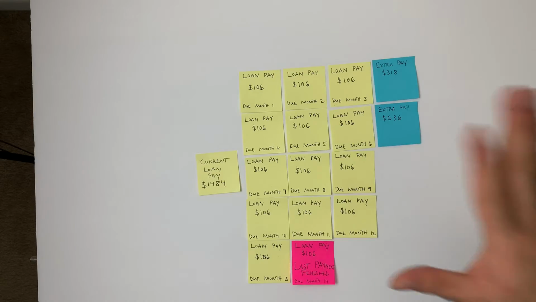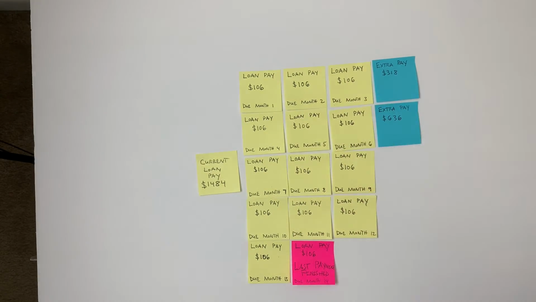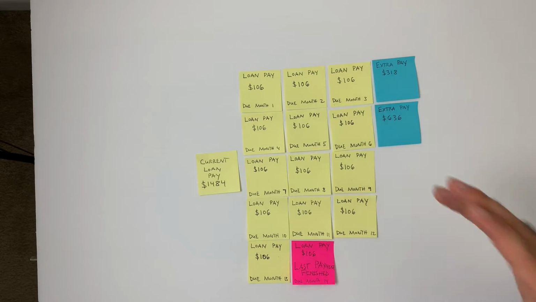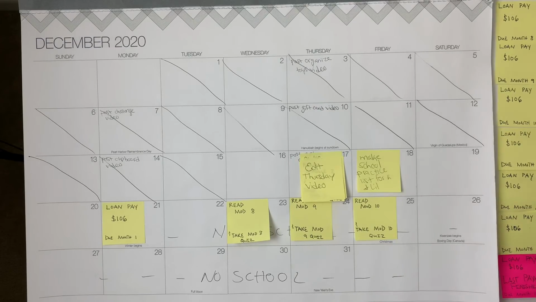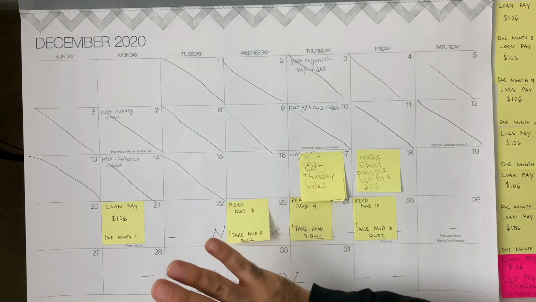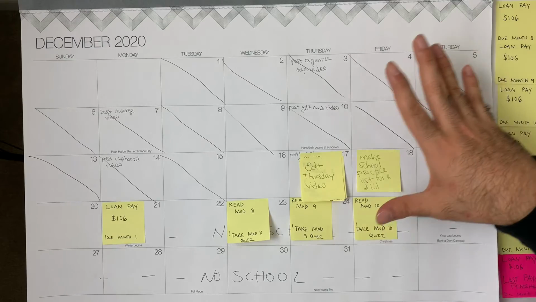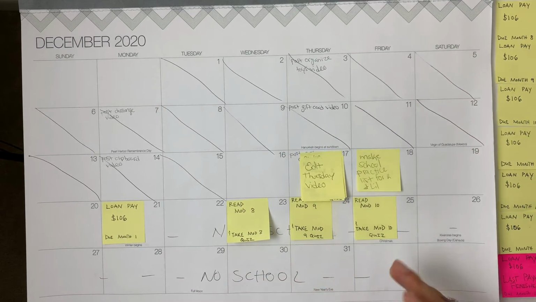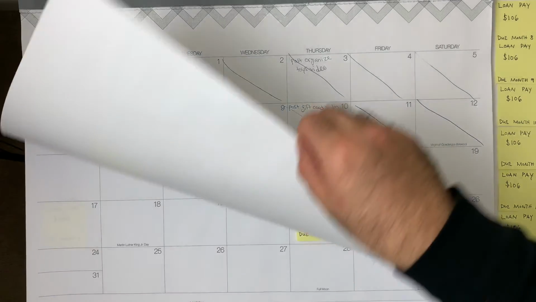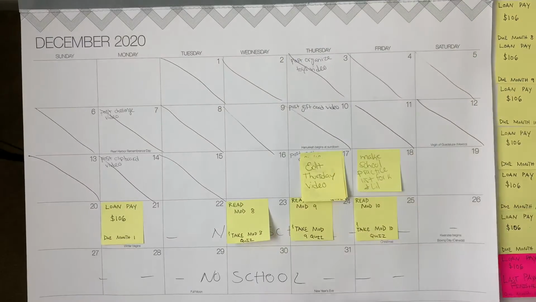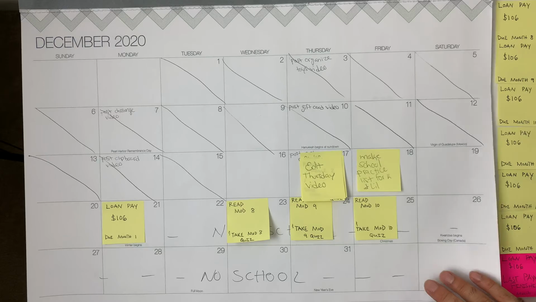Anyway, we're going to plug this in onto our calendar real quick, just so it gives a sense of how to do it. All right, so I've gone ahead and put the calendar back on here. I've already laid out kind of an arbitrary date for when my first payment is due. And I've gone ahead and done it for the other dates of the calendar that I have left.